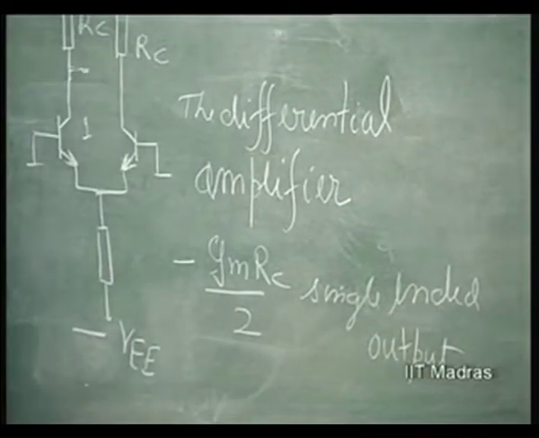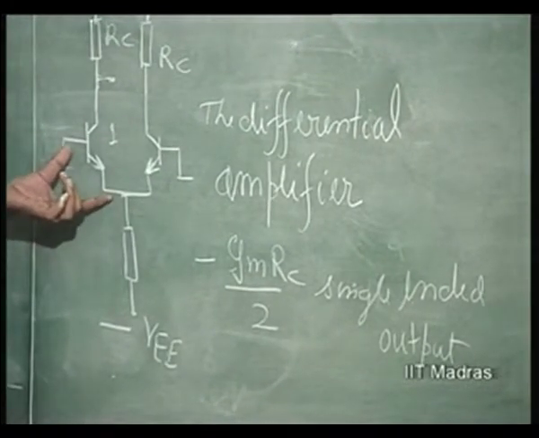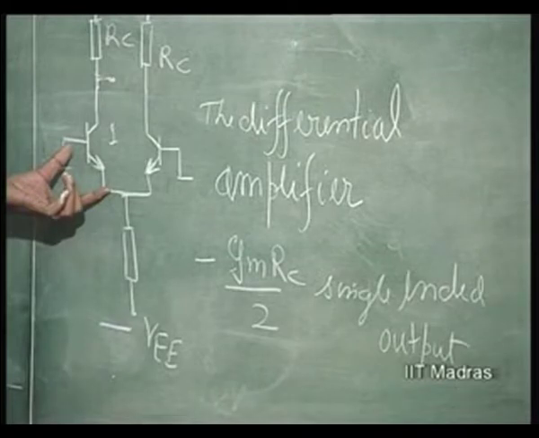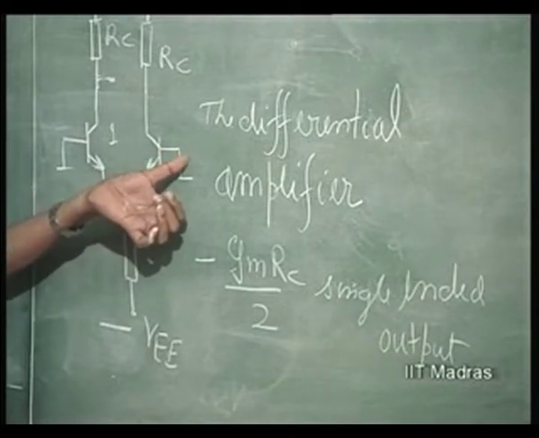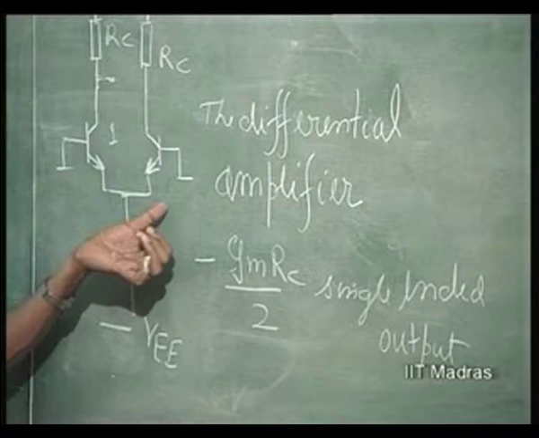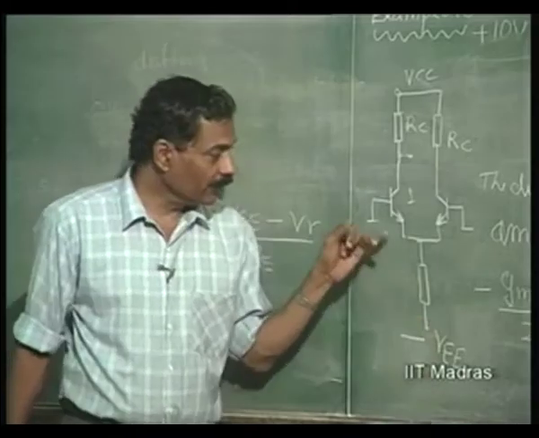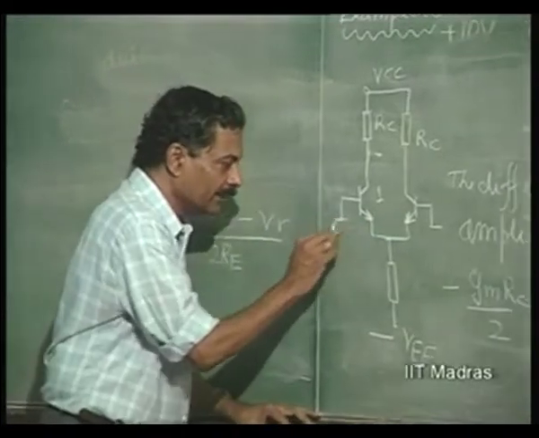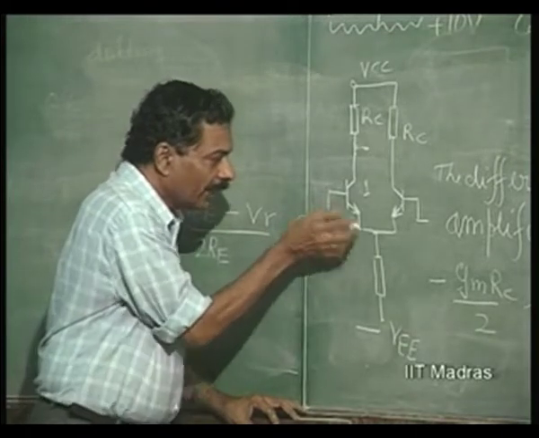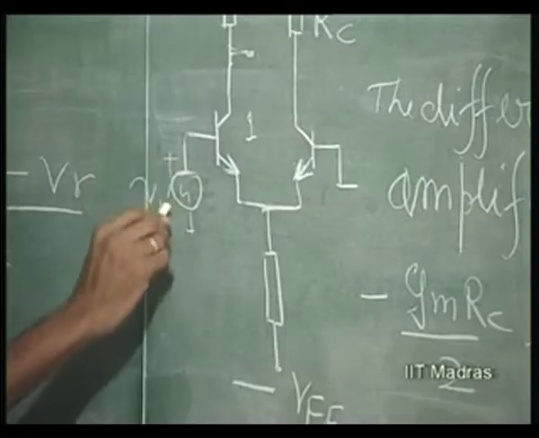Once again, why did it become Gm Rc by 2? This input voltage was coming directly between base and emitter earlier because of the capacitor. Now, it is shared equally between this base and emitter and this base and emitter. If the operating currents are the same and the Res are the same, this will have half the input voltage and this will have half. So, if I apply a voltage Vi here, Vi by 2 will come here and Vi by 2 will come here.